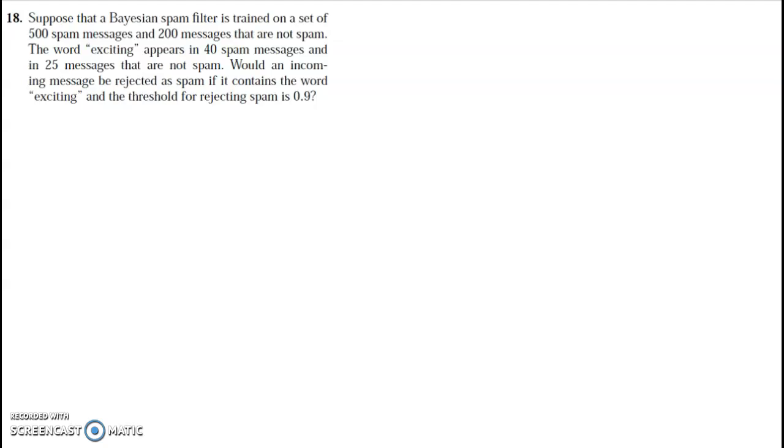Okay, so let's see. If you read the problem, I'm going to call the S as the spam. So P of S, this would be the probability of getting spam messages. So what's P of S? There were 500 spam messages and 200 messages that were not spam.